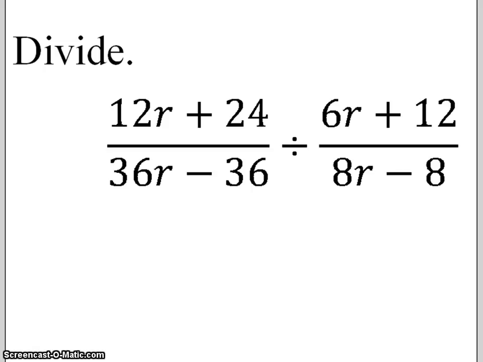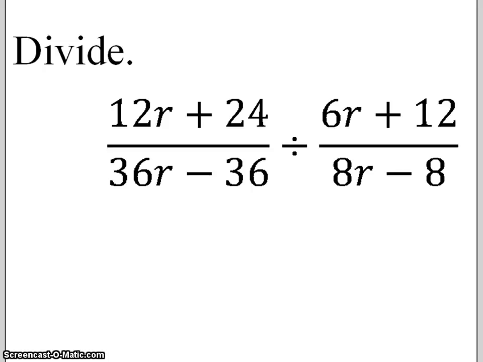So here we have 12r plus 24 over 36r minus 36 divided by 6r plus 12 over 8r minus 8. First of all, the fundamental process for dividing fractions is to multiply the first fraction by the reciprocal of the second.